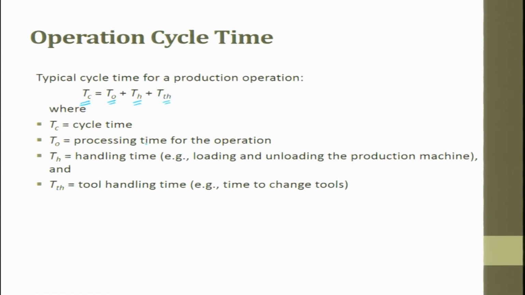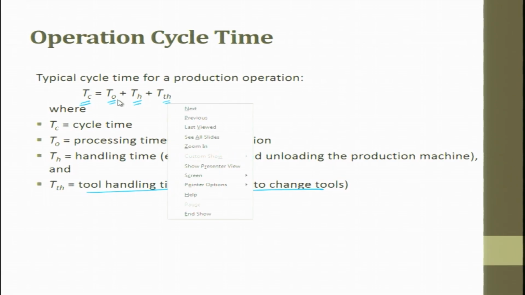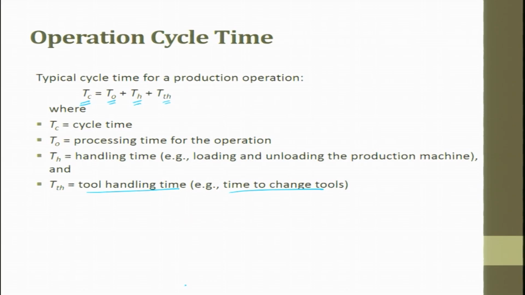To is the processing time for the operation, Th is the handling time, and Tth is the tool handling time, the time to change the tool. So, handling time is loading and unloading, tool changing time is here, and processing time is To.